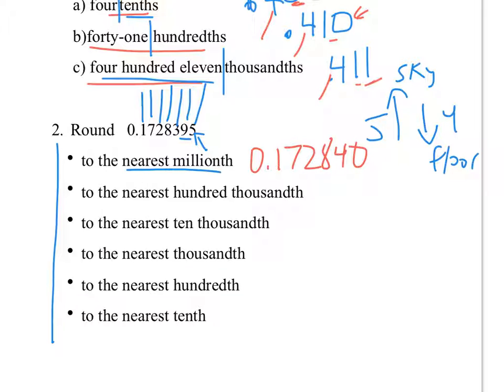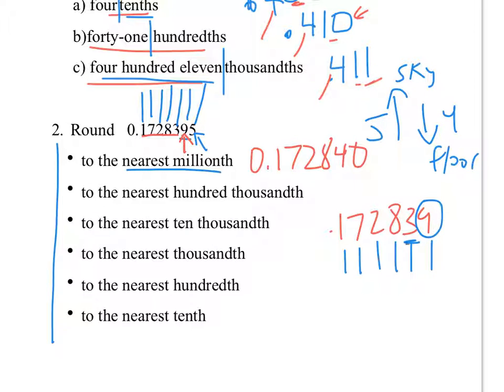Now to the nearest 100,000th, we'll look at the last thing before the 100,000ths, which is the millionths. So we have 0.172839. So what do we have? We have tenths, hundredths, thousandths, 10,000ths, 100,000ths, millionths. So we look at this digit.